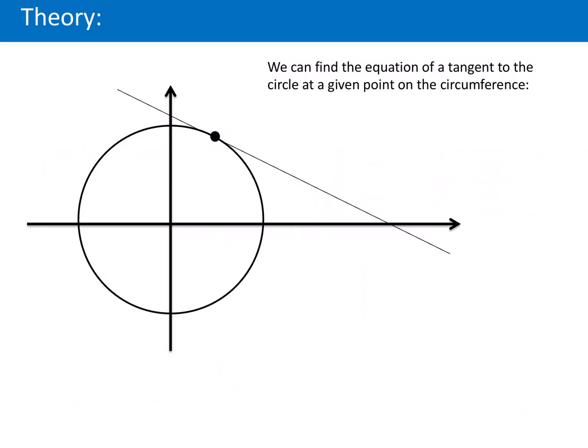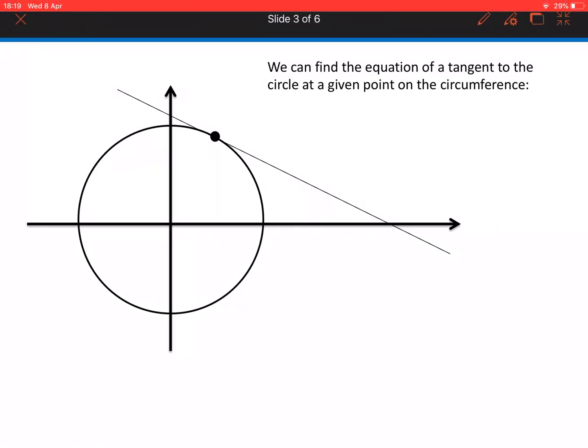So here's the theory. We're going to find the equation of a tangent to a circle at a given point. So if we're given that this point is x, y, we're going to find the equation of this tangent to the circle at that point x, y.